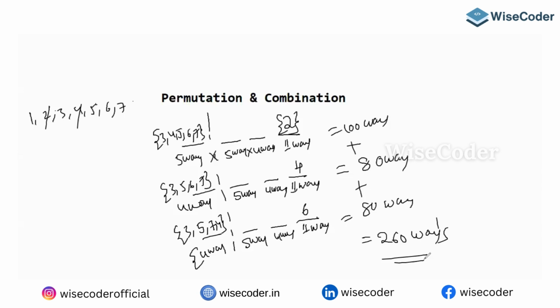OR means addition. AND means multiplication. Once you know that, the job is going to be very easy, guys.